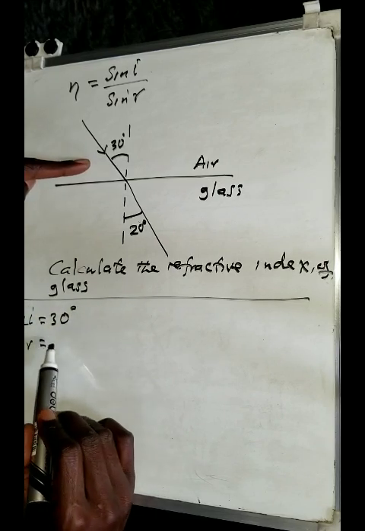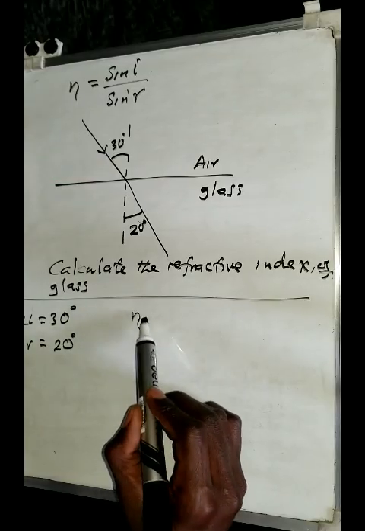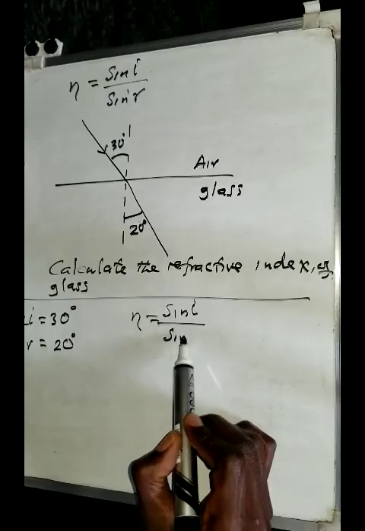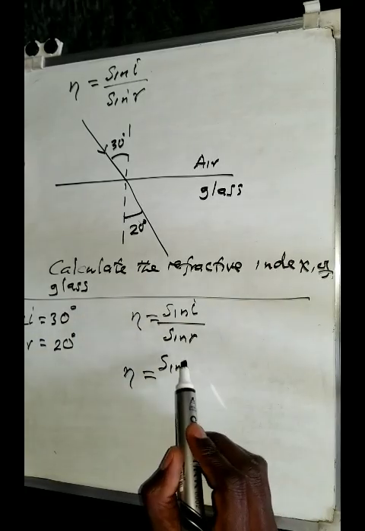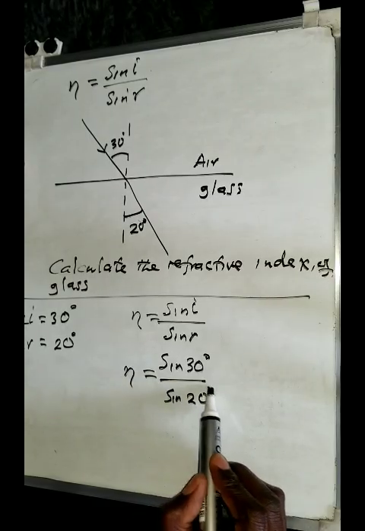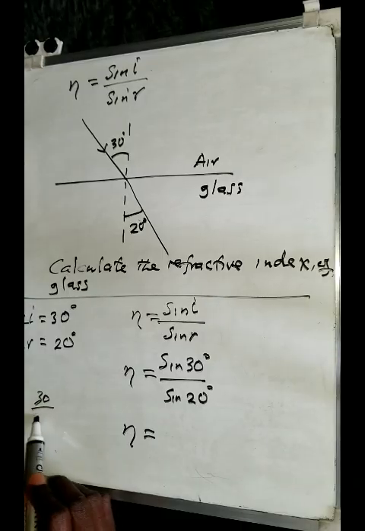Identify the angle of refraction, which is 20 degrees, and substitute in the formula. Refractive index is equal to sine i over sine r. So refractive index will be equal to sine 30 degrees divided by sine 20 degrees. The common mistake that pupils make is to just say 30 divided by 20.